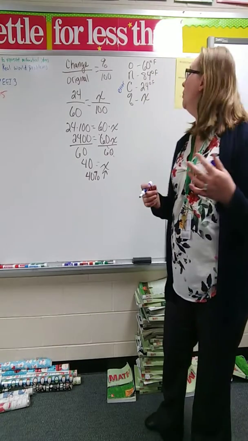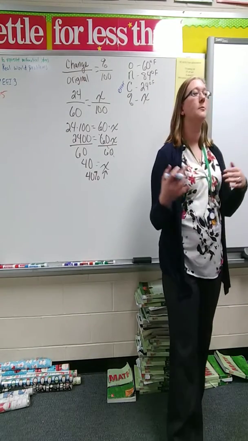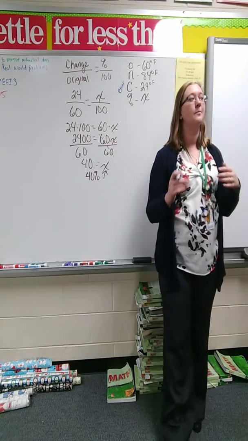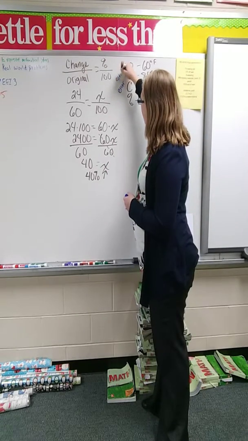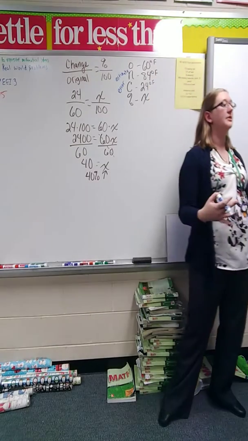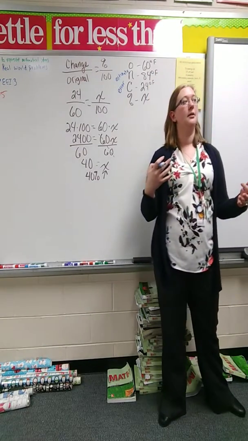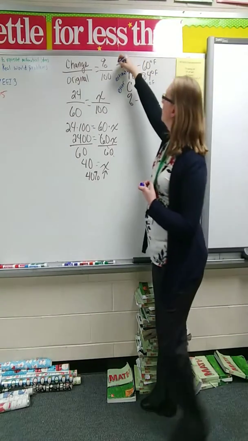Would the new be the actual or the estimate? The estimate. Right, the new is going to be the estimate. Which means the original is also what? Starts with an A. The actual.